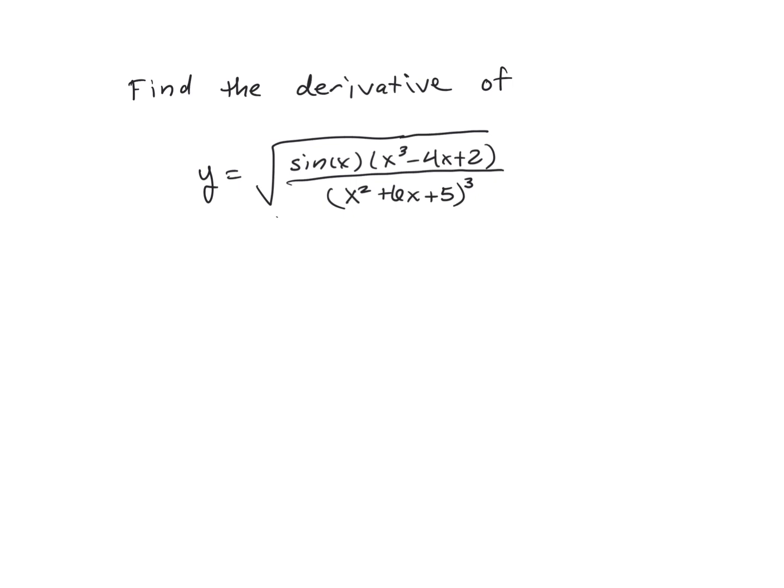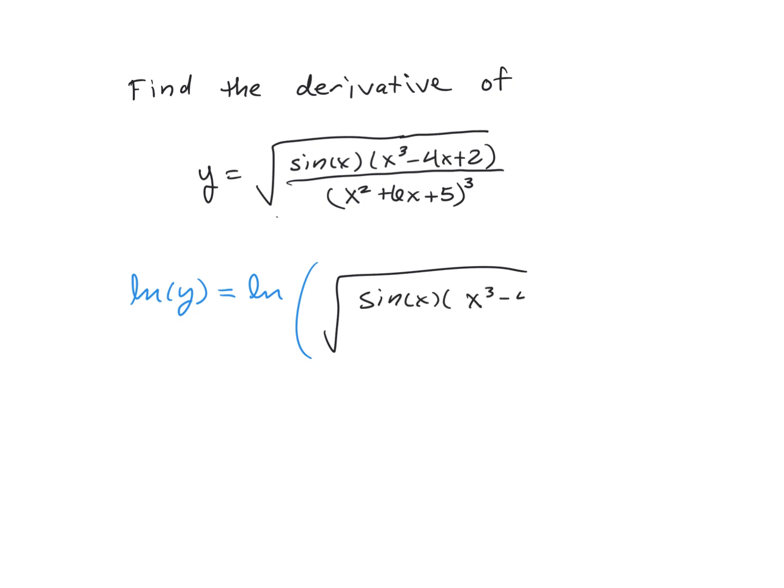So it's going to give us the natural log of y is the natural log of this big old square root of the sine of x times x cubed minus 4x plus 2 divided by an x squared plus 6x plus 5 cubed. So the idea is that we want to take our derivative.